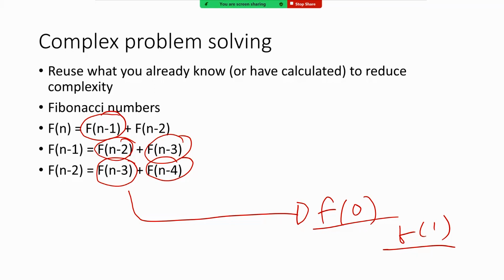Any questions on this? So f is a mathematical function. We are essentially expressing it in mathematical terms. We're simply saying that Fibonacci, represented by function f, if you're trying to calculate the nth Fibonacci, it's going to be the sum of the two Fibonacci numbers before n, n minus 1 and n minus 2.